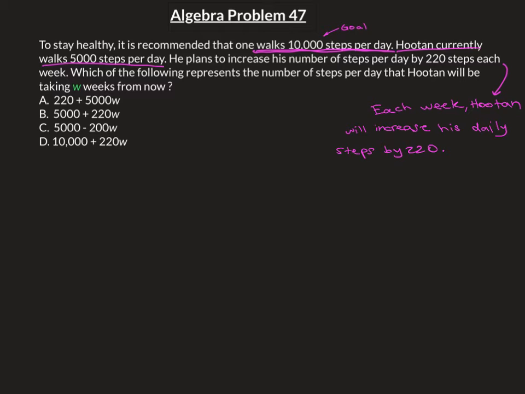So each week, Hooten will increase his daily steps by 220. And every single day, it'll be that repetitive 220 added on until he reaches that goal of 10,000.